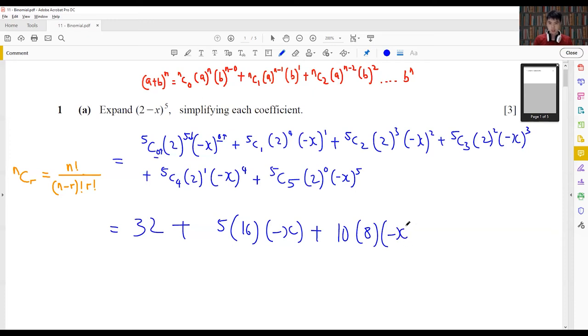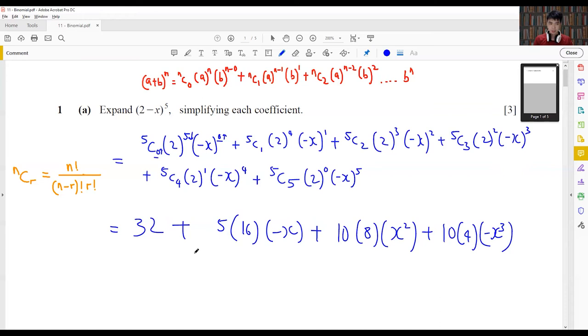Sorry, the square. When you square a negative, it ends up being just positive x squared. Okay, then this is also 10, 2 to the power of 2 is 4, then negative x to the power of 3, you would just get negative x cubed.